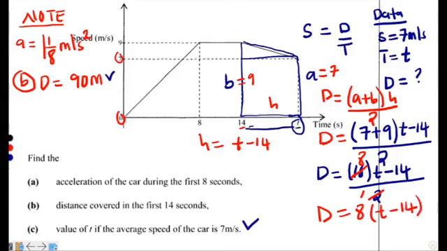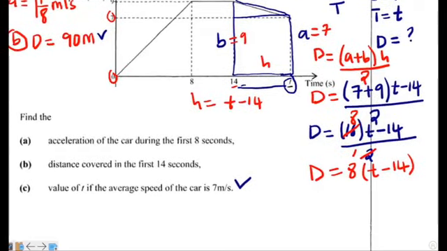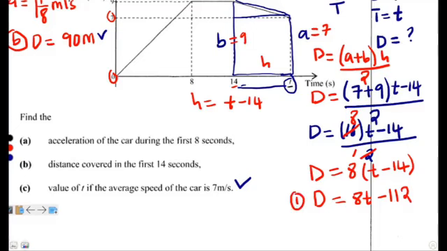We'll just expand, where we say d equal to 8 times t, which is 8t, minus 8 times 14, which will give us 112. So remember, we will term this as distance 2.